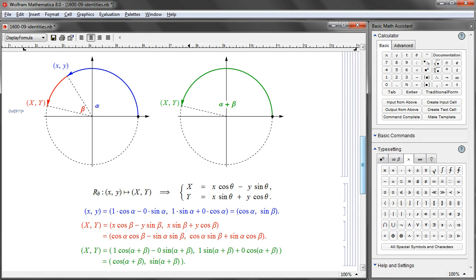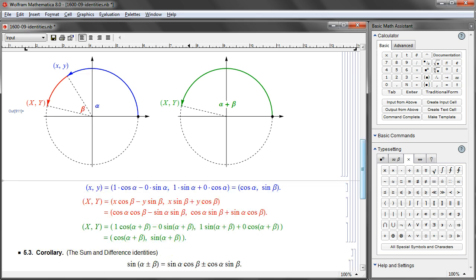So in this case, take theta equals alpha, and then x, y will be (1, 0), and you're going to get cosine of alpha, sine of alpha. You get cosine of alpha, sine of alpha because it's the terminal point of this blue arc, but you can use rotation to understand that. Anyway, this blue point here is cosine of alpha, sine of alpha. I think this is just confusing you with x and y showing up again.